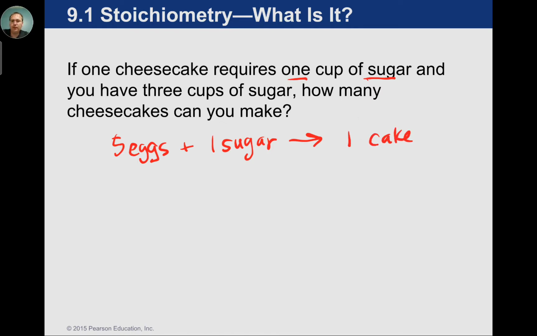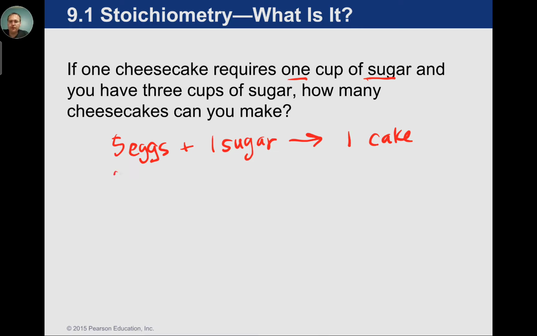So it really looks like you're marrying together eggs and sugar to make cake, just like we saw back in exam 4. So reality strikes and it says now we have 3 cups of sugar in the cupboard, no more, no less. How many cakes can we make without running to the store to get more? Assuming we have plenty of eggs to spare.